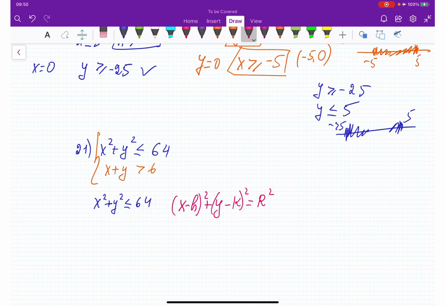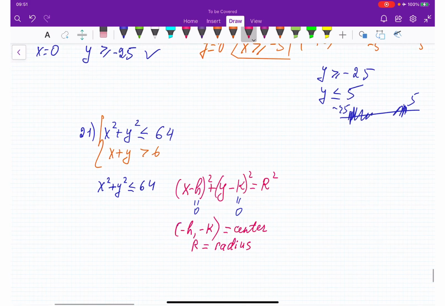Okay? Now, in our case, h is equal to 0, right? And k is equal to 0. Negative h and negative k are the coordinates of our center. r is our radius. So we have to take the square root of r squared to get the radius.